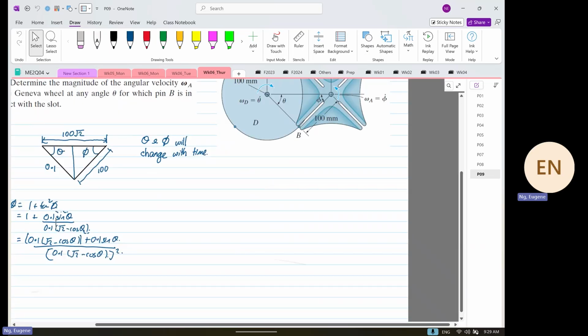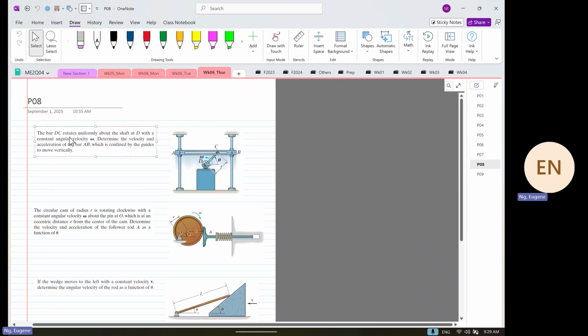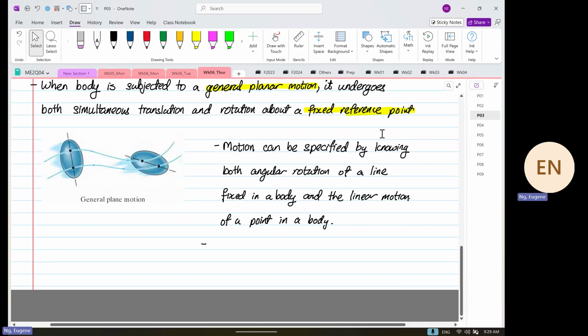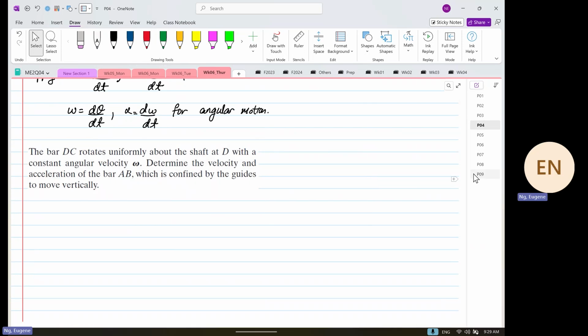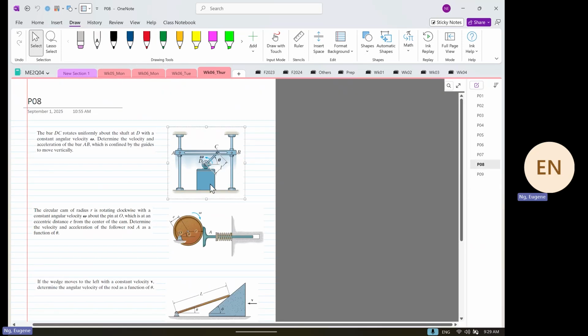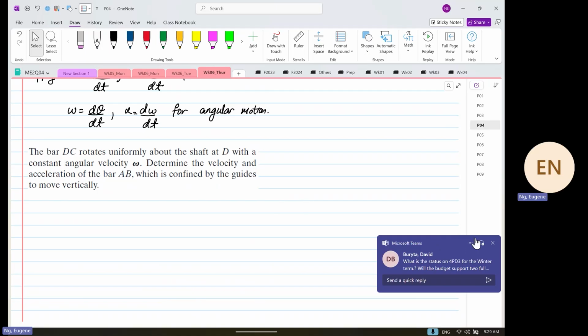It will not be that bad. I will not make you do things that are really bad. Let's do some simple stuff first. And I believe all these images are on Avenue to Learn.